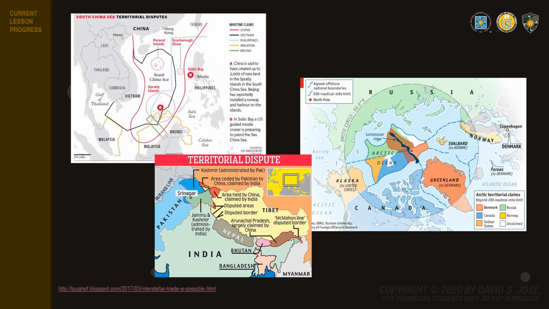Countries saw the value of land, but they cannot just grab land from other countries. That's why there are a lot of disputes right now in the world. We are very much aware of the West Philippine Sea, but in the whole world there are a lot of territorial disputes because land is very precious.